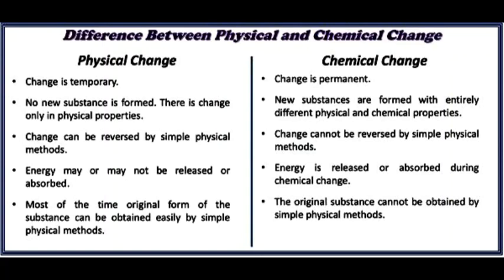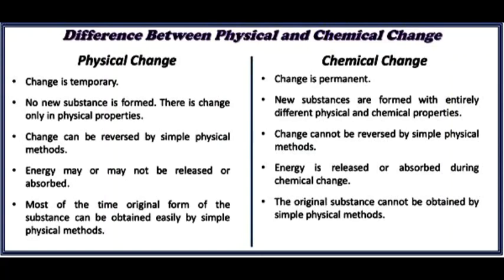Number 3. The physical change can be reversed by simple physical methods. But chemical changes cannot be reversed by simple physical methods. They involve a lot of difficult chemical processes to reverse the process.